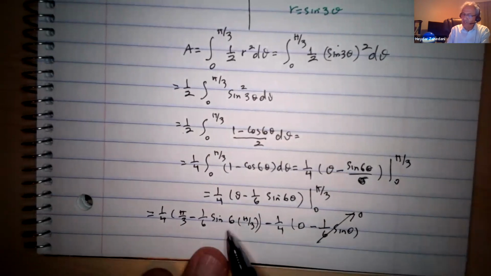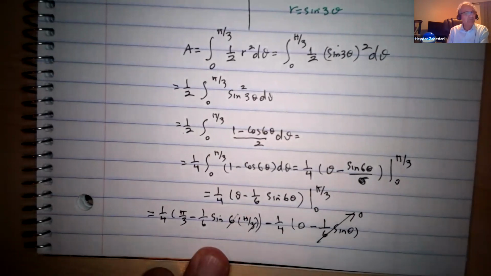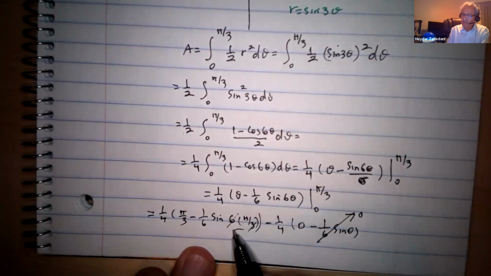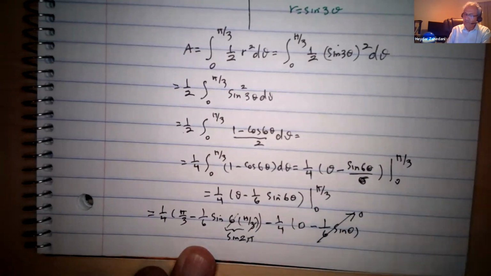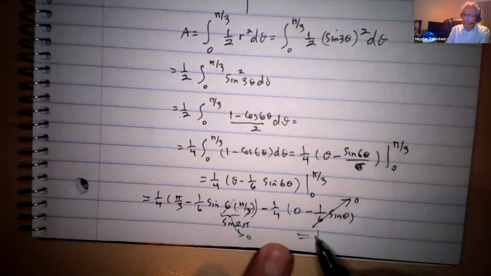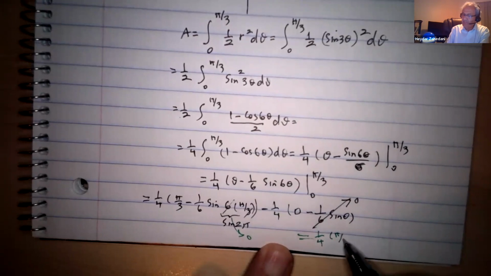So everything would be out. This 6 and 3 simplifies, that gives you sine of the 2 pi, which is also 0. So the only thing that you are going to have is 1/4 times the pi/3. So the result would be pi/12.